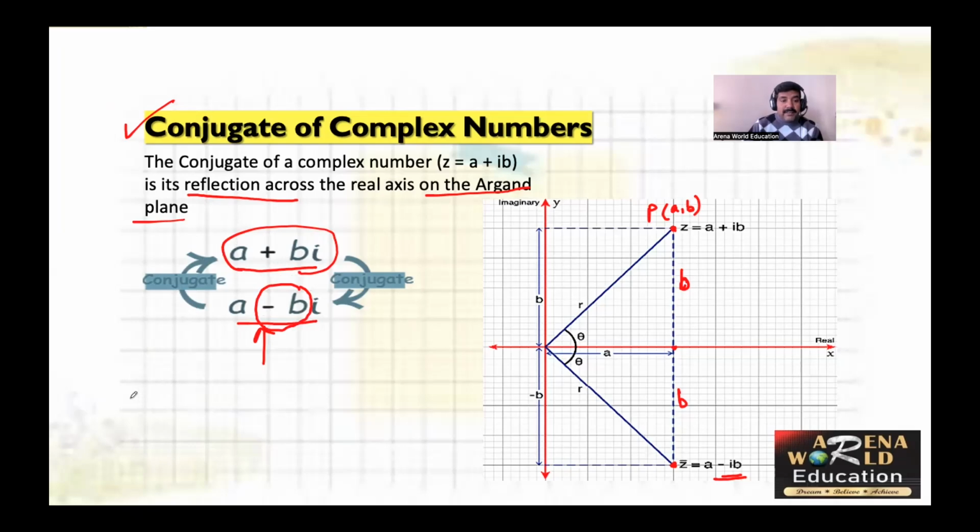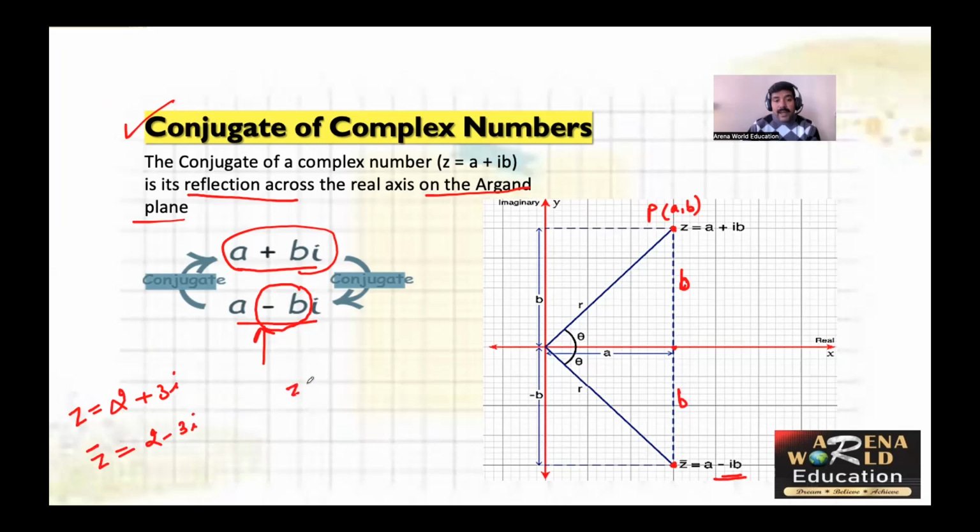You can understand in this way. Suppose you are having 2 plus 3 iota. This is a complex number. Then the conjugate is always represented in this way, right? So this will be what? We will just change the sign of the imaginary part.